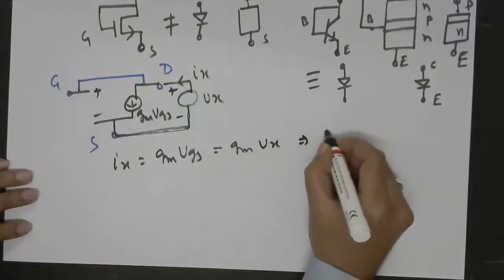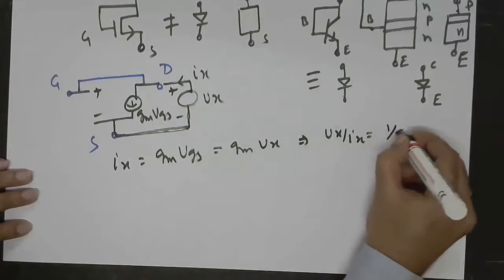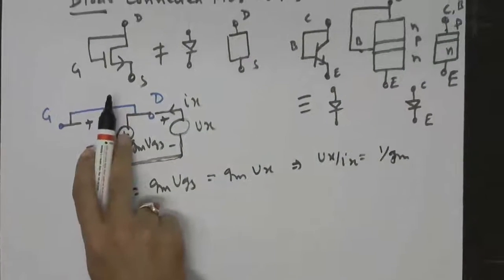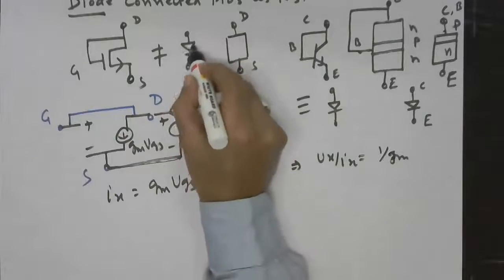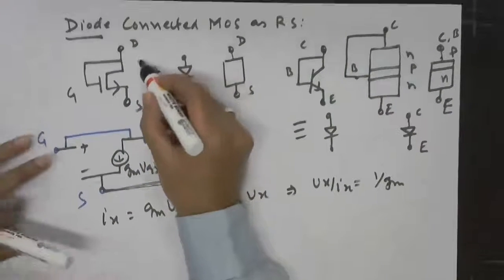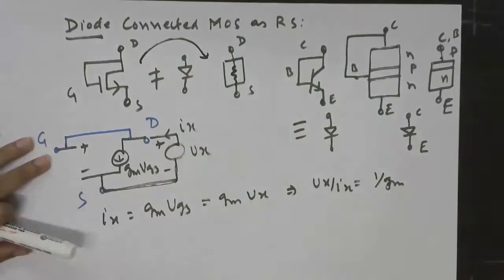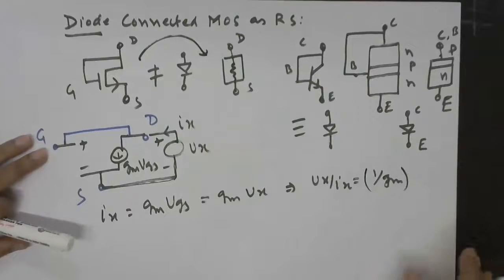So this is equal to Vx. So this implies Vx by Ix is equal to 1 by gm. So the conclusion is that if you have a diode connected MOS, then it behaves not as a diode, rather it behaves like a resistor whose value is 1 by gm.